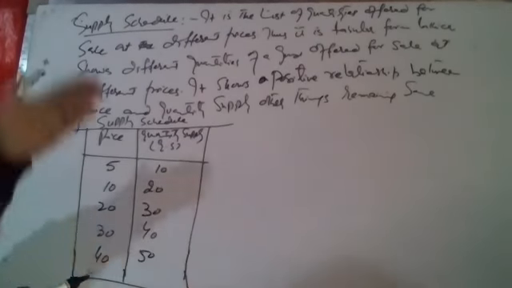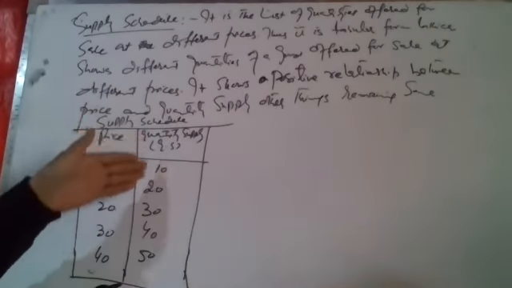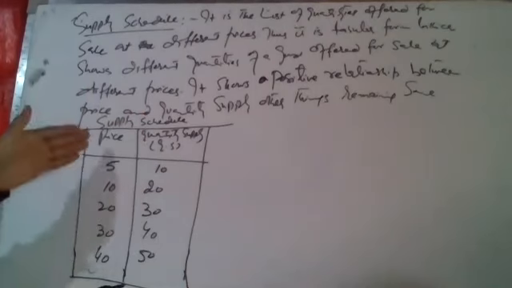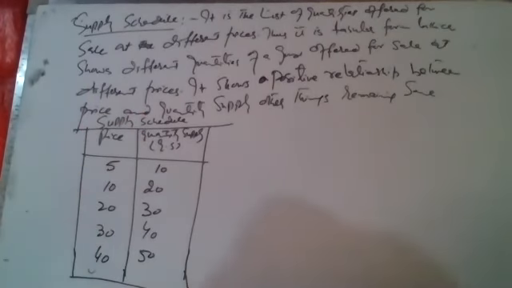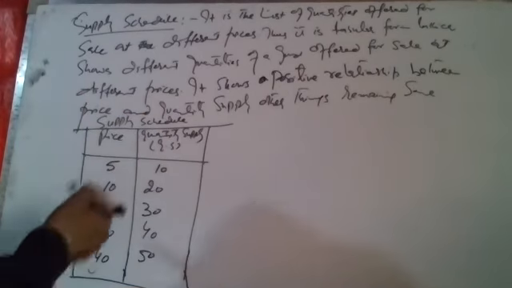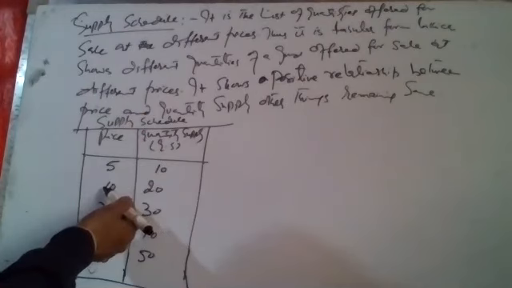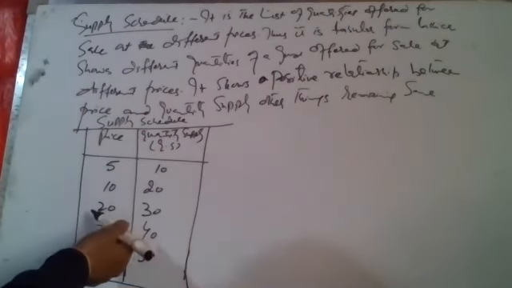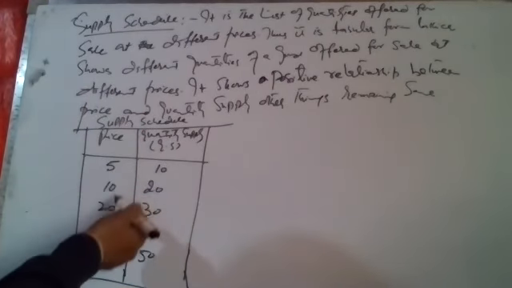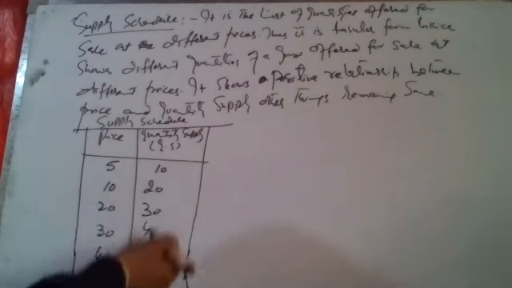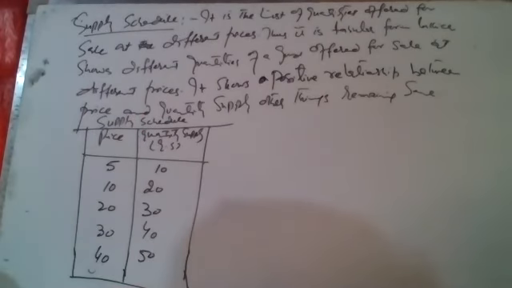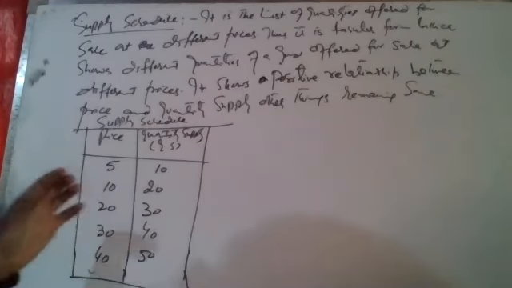So this table shows different quantities of a good supplied at different prices. As price increases, the supply also increases. It shows direct relationship between price and quantity supplied.